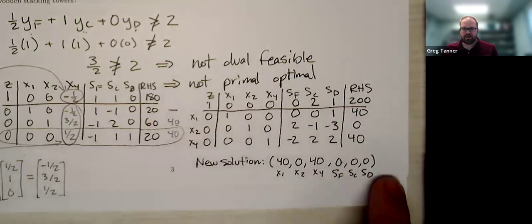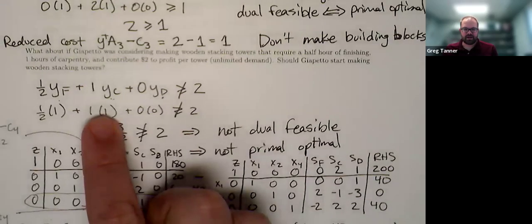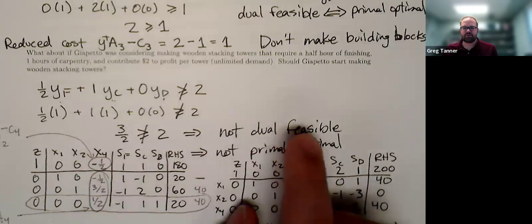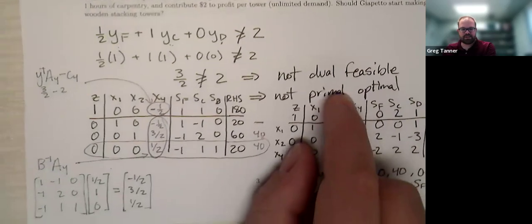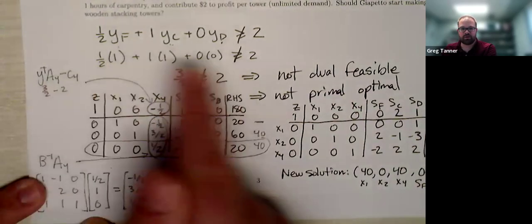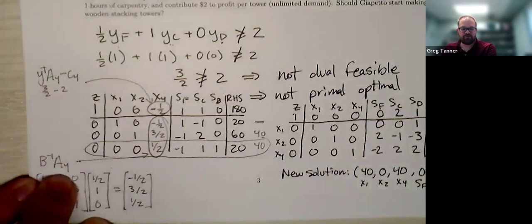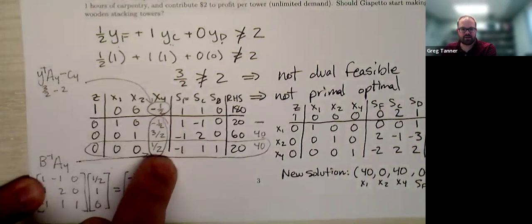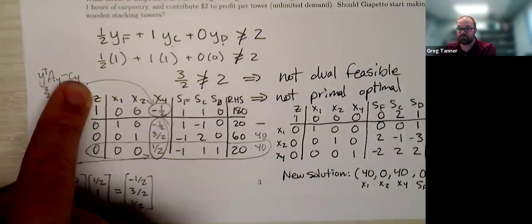Okay. So to wrap it up: if the dual constraint is violated, then you're not dual feasible, which means you're not primal optimal. You can use these two formulas using A4, which is your new column from your newly introduced variable, to compute B inverse times A4 to get this part, and Y transpose times A4 minus the objective value for the new variable.